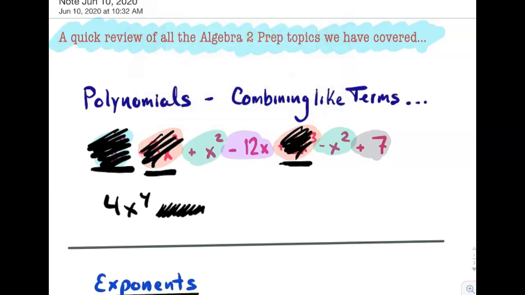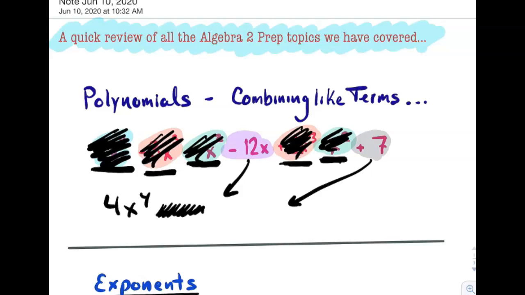And then if you have x squared and minus x squared, anytime you have something minus itself, that totally goes away, right? It's 0. And then the last two terms don't combine with anything, so you just bring them down. Negative 12x plus 7. So answer the question on Edpuzzle, but your final answer would have been here.